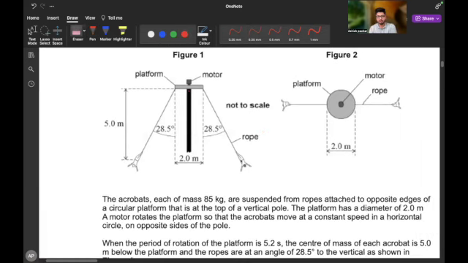This is the weight mg, the force acting downward, and this is the tension force T. Let me write it in a more proper way.